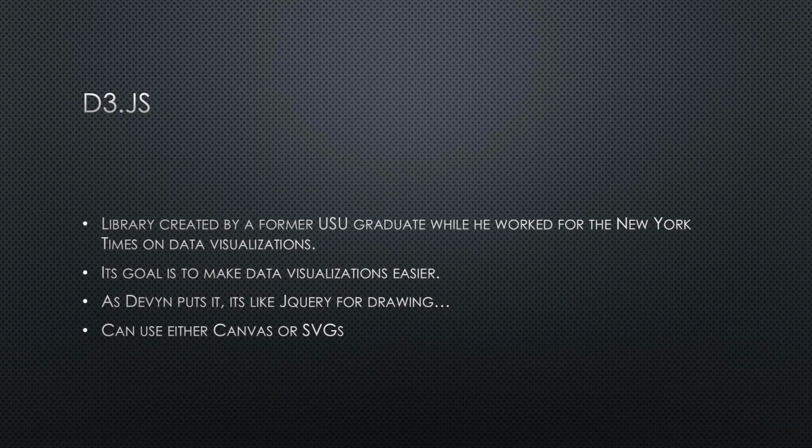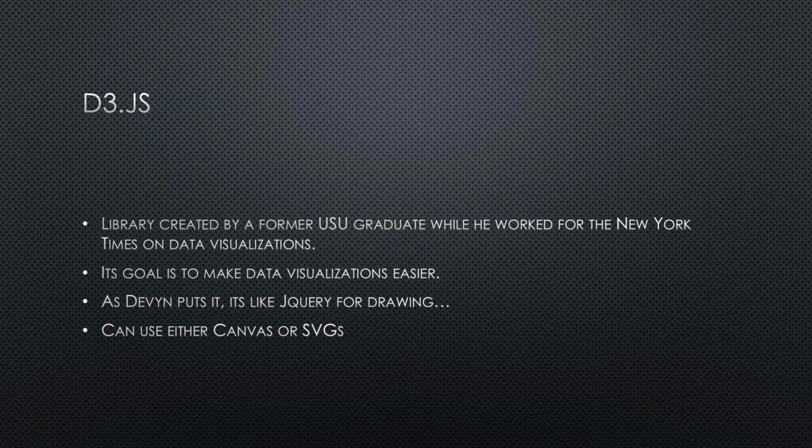So a little more about D3. This library was created by a former USU graduate while he worked for the New York Times on data visualization. That's the cool thing about it, little shout out to USU. Its goal is to make data visualizations easier. There's a ton of functions for calculating different things so that you can just give it data and it spits it back out.